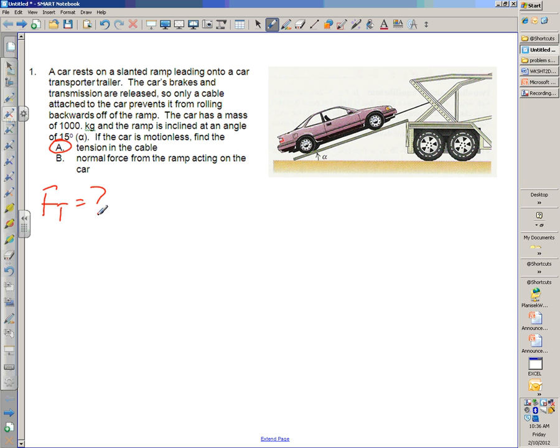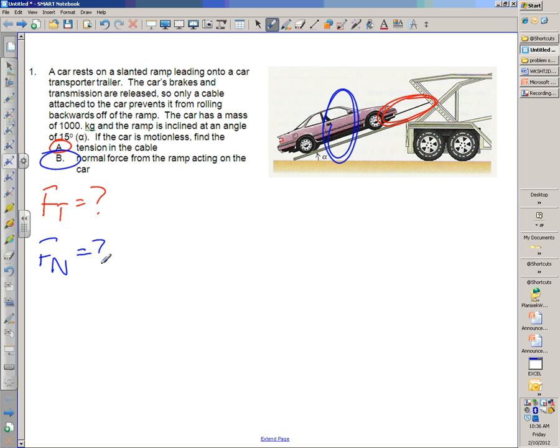In the picture, that relates to this cable right here that's holding the car onto the ramp. And then the next thing we're looking for is the normal force from the ramp acting on the car. So that's going to relate somewhere in this general area, right? Normal force being that support force that we've talked about before.